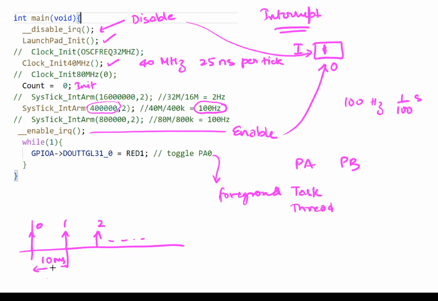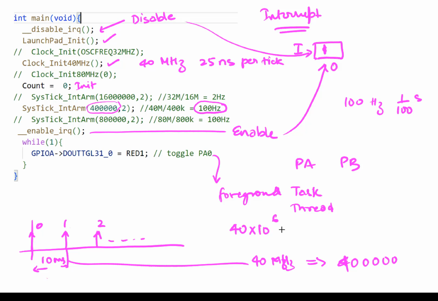What does 10 milliseconds translate to on a machine ticking at 40 megahertz? That's 40 times 10 to the 6 times 10 times 10 to the power of minus 3, which gives 400,000 ticks.